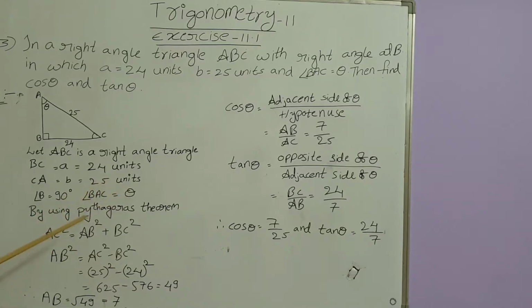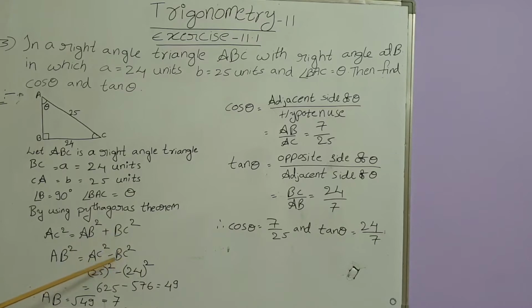By using Pythagoras theorem, we have two sides' lengths. Now we find one side. So we want the AB value. AC square is equal to AB square plus BC square. AB square is equal to AC square minus BC square, since the BC square comes to this side and the positive sign changes to negative.